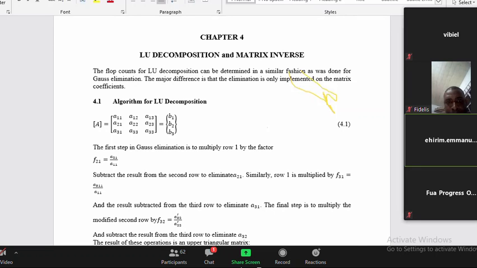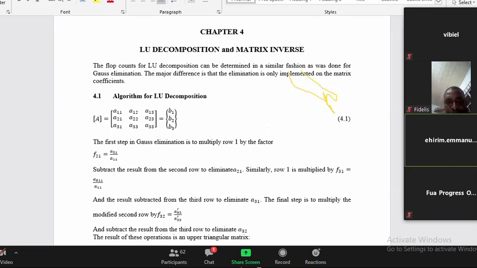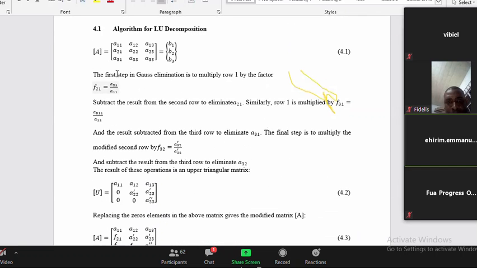So next thing we did was we eliminated X1 from equation 4.1c by multiplying the first row by A31 over A11.